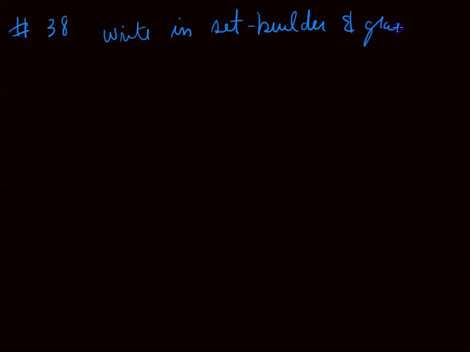Next screen, number 38. Now you want to write it in set builder and graph. Let's see, they give us the interval notation, parenthesis, -8, infinity, and I think a graph is easier to work from.